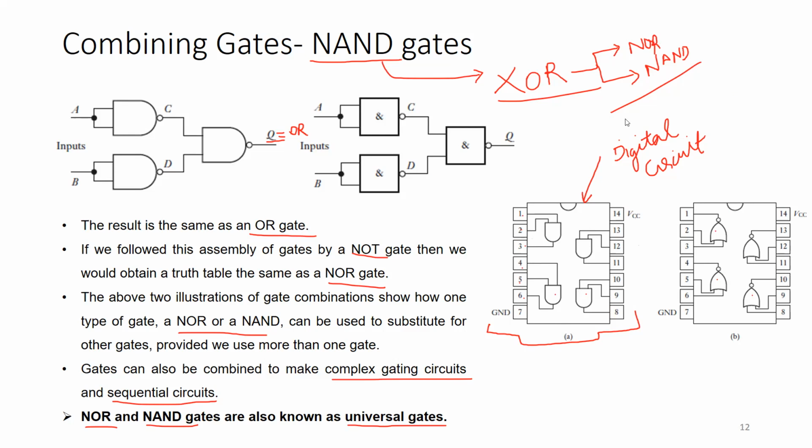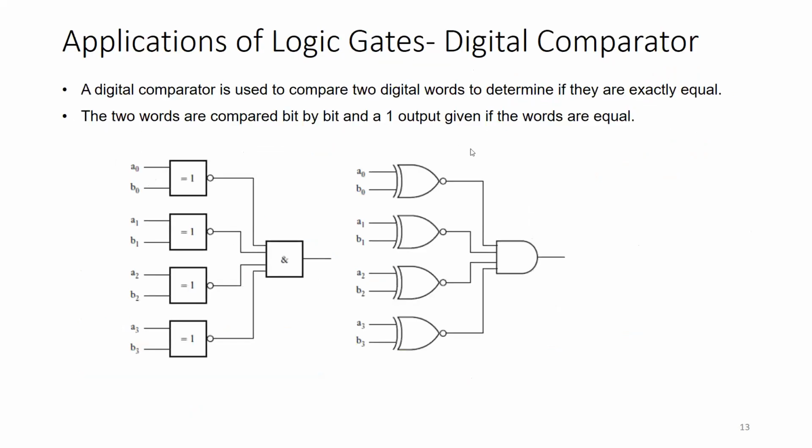Yes, sir. Okay. Now we will see some applications of logic gates, where these logic gates can be used. One good example that we will be studying, I have told you about it many times before, is the PLC, programmable logic controller.